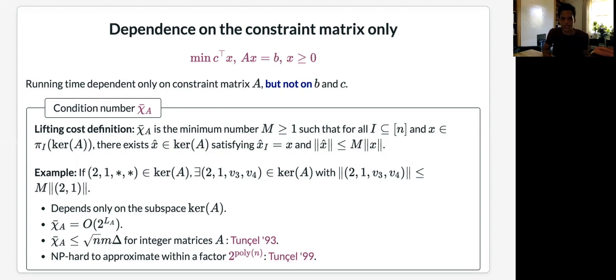Now what we note already is that this chi bar definition only depends on the kernel of the matrix A.